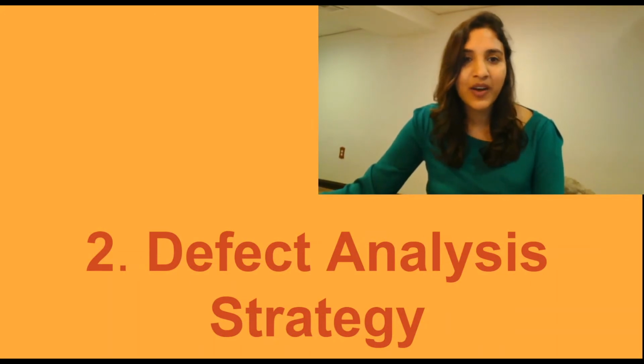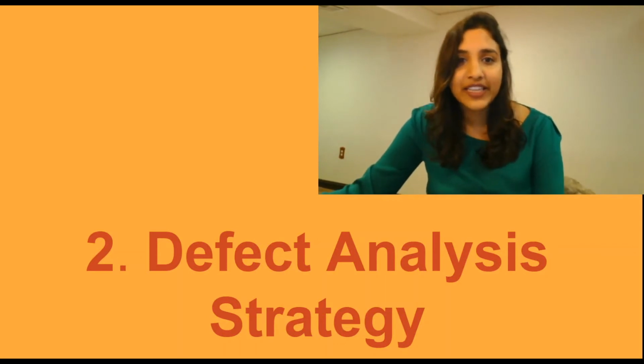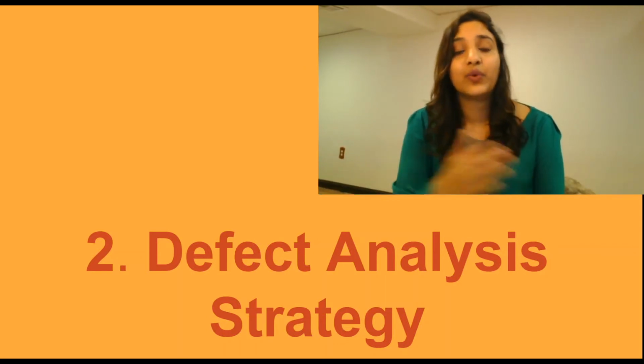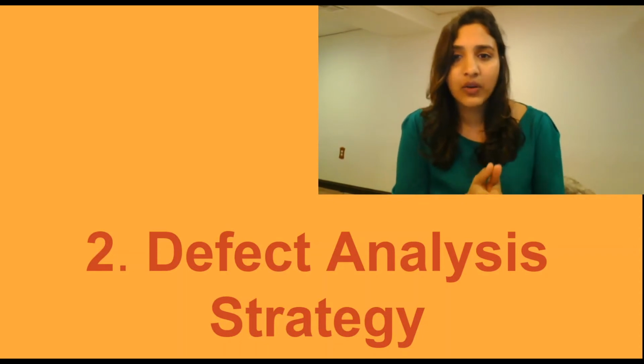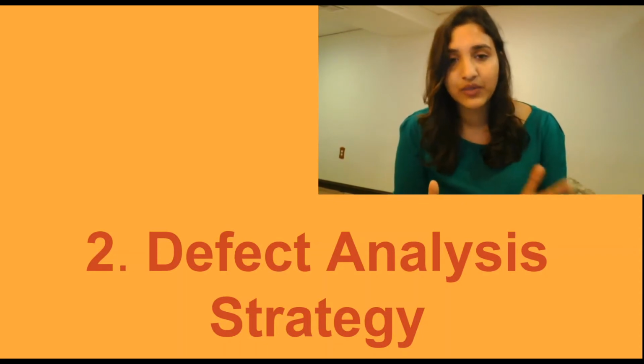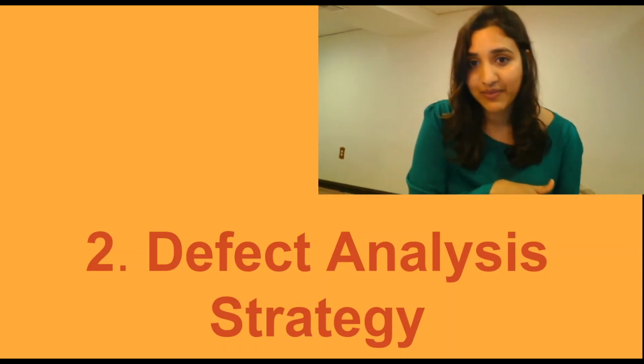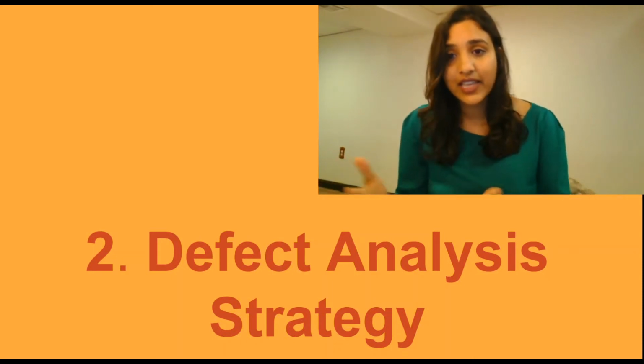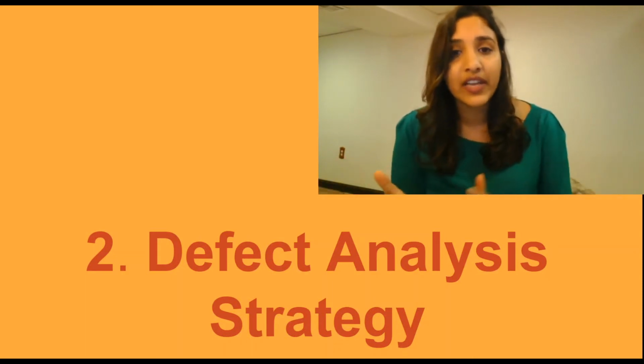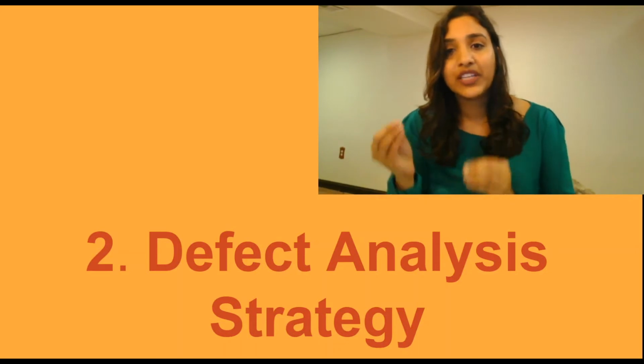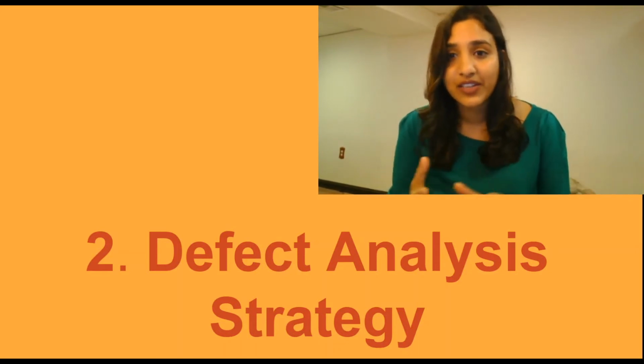So the next one is the defect analysis strategy. When we find defects that are associated with those business risks, how do we evaluate the defects when compared to the risks associated with them, right? How do we prioritize them? Once we understand what errors have been injected, do we really have a strategy for isolation?